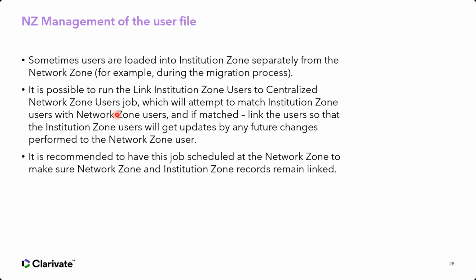It runs through the network, finds these accounts that have the same primary ID in the network zone and the institutions, and tells Alma, hey, this is the same account, and that enables the next updates to flow from the network zone to the IZs. So I would recommend having this job run. It just prevents scenarios where something got broken between those accounts and makes sure the system continues to work smoothly.